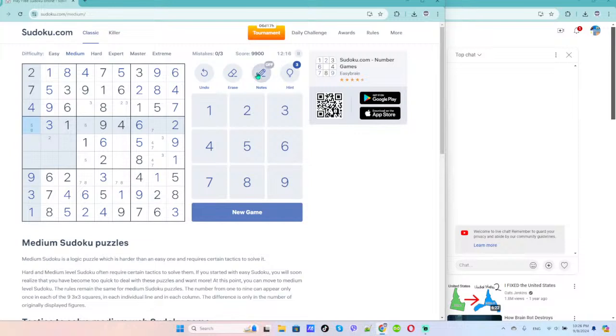Regarding this cell, 5 and 8, no clue. We need more information about this one. And what was the missing number? So I place a 7 here, 100% sure, and the pair of numbers remains here.